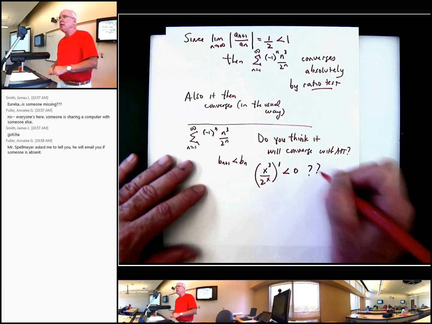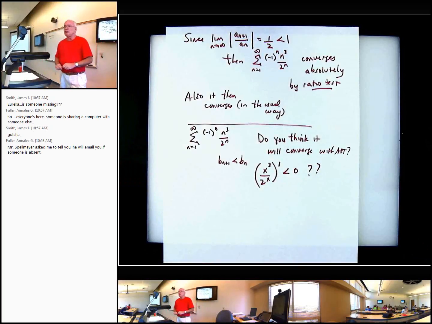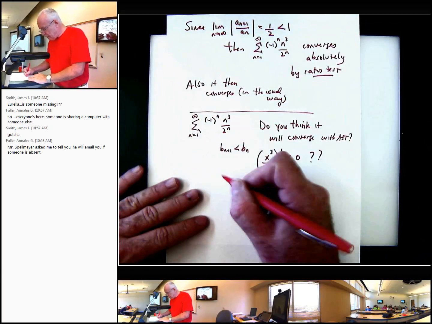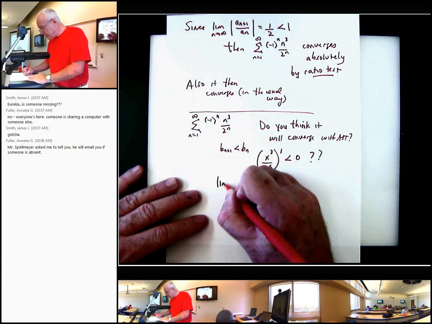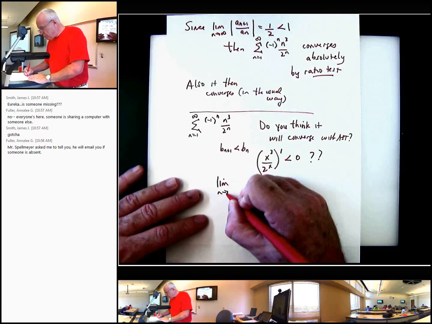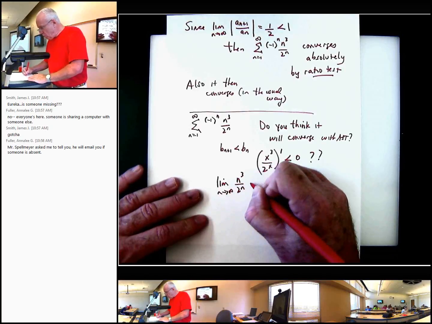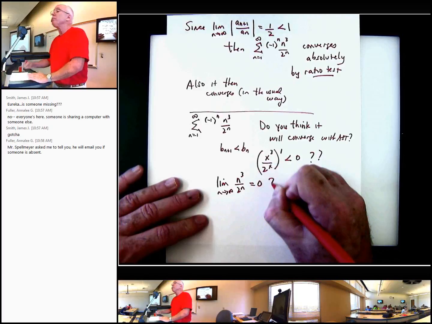All right. Not that bad, but it could be a little tricky. And also the limit as n goes to infinity of n to the third over 2 to the n, we want that to be 0.